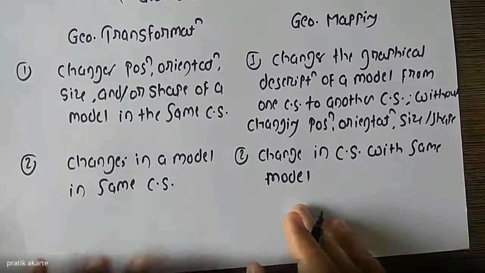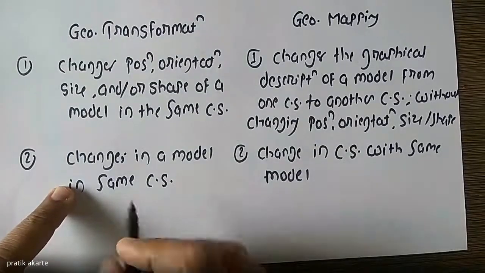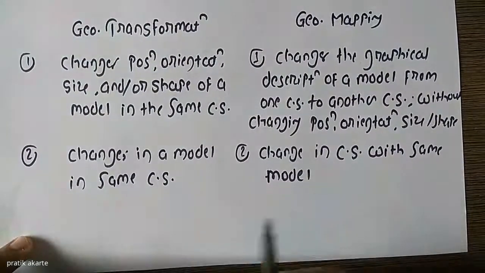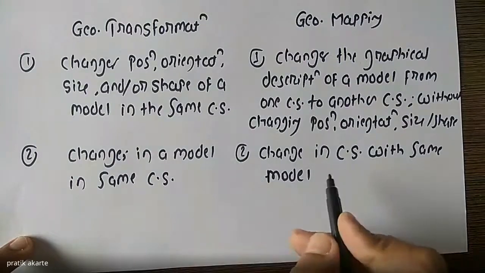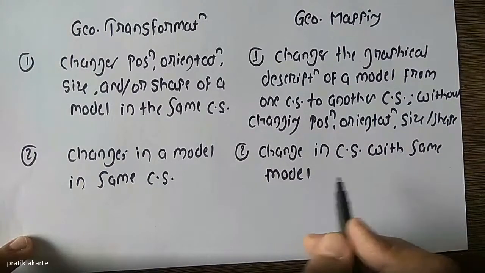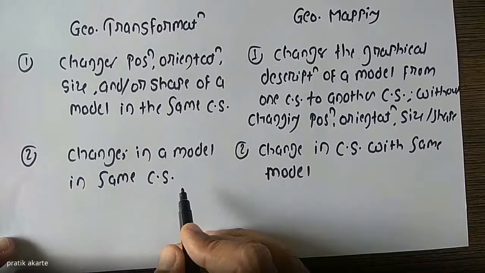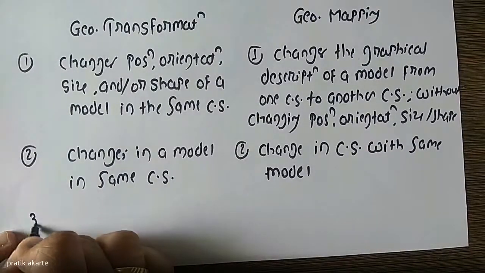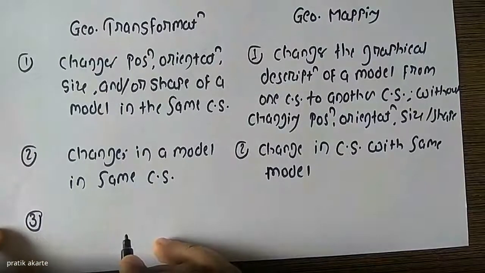So the description of the model changes in transformation, but it remains the same in geometric mapping, but here the coordinate system changes, while there the coordinate system remains the same. This is the second point of differentiation.